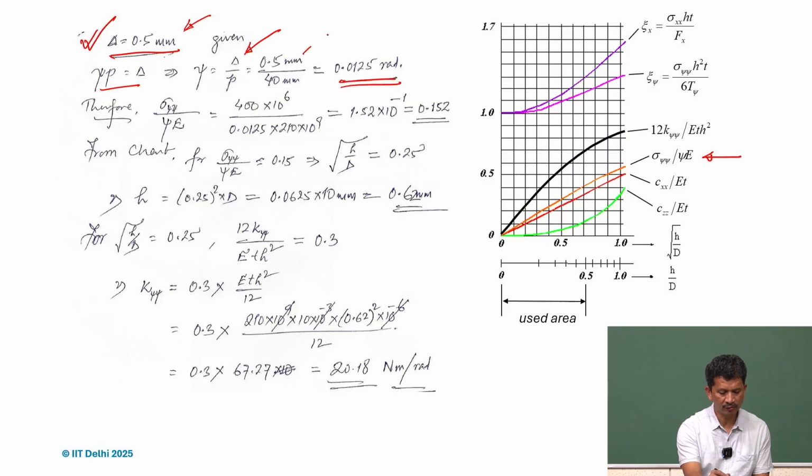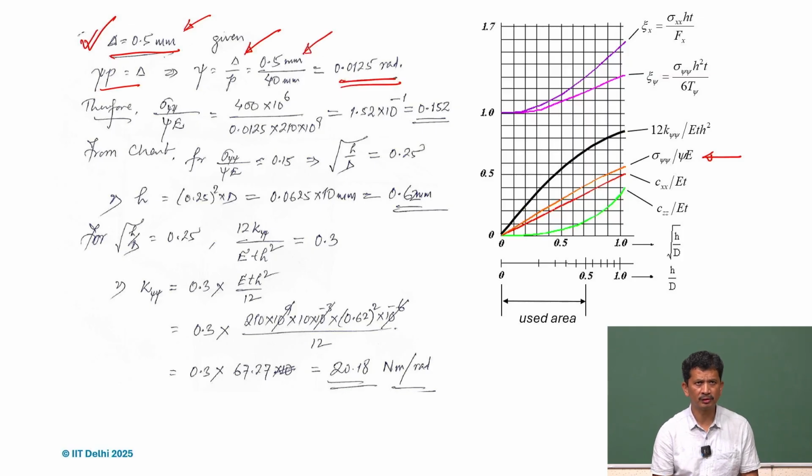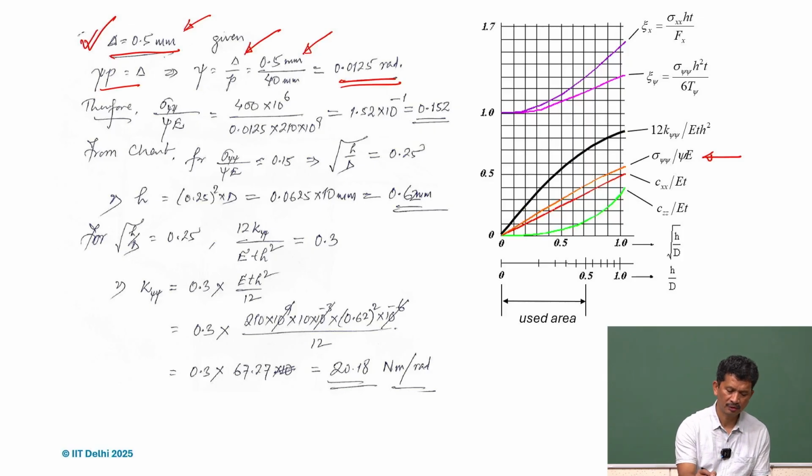Be careful about the units. They should be the same units, and many times we try to use SI units itself. Here the millimeters cancel, so it's okay. Otherwise we can always write in terms of meters and then cancel.